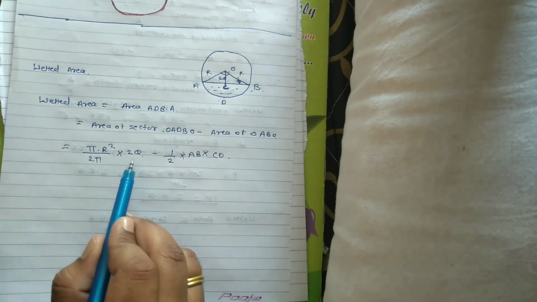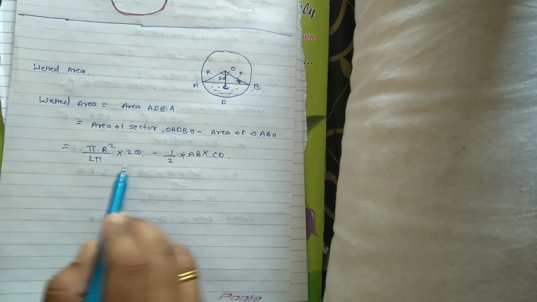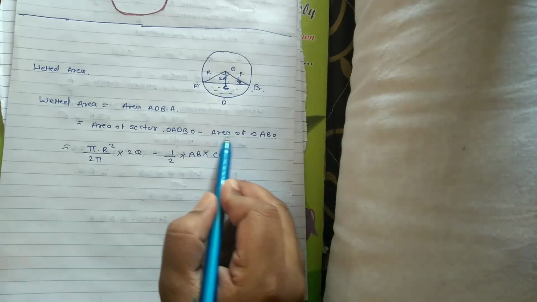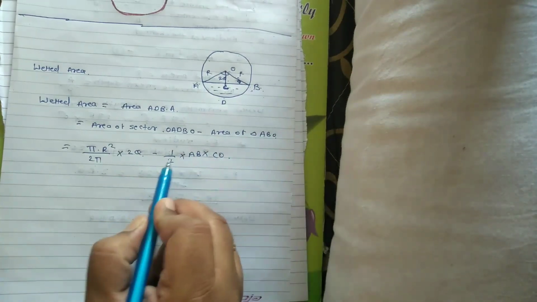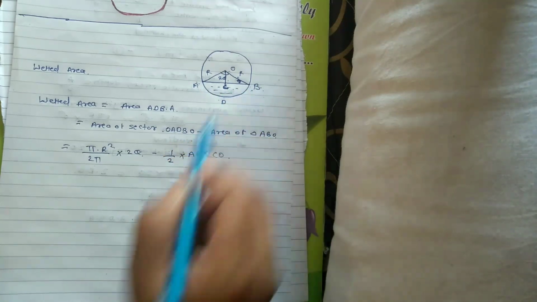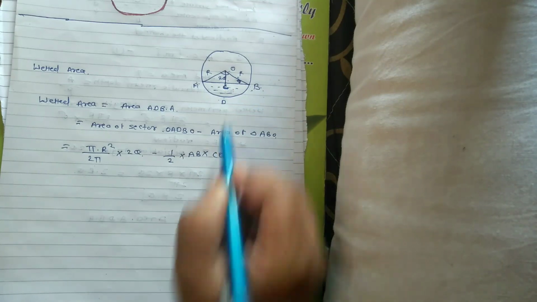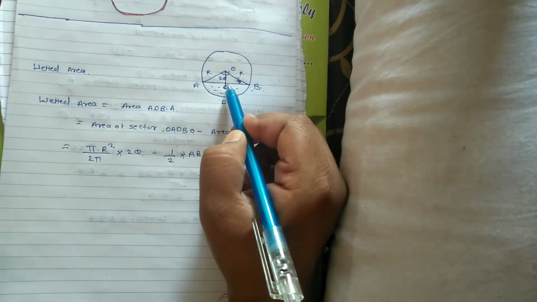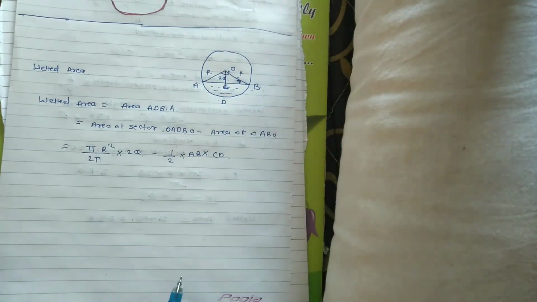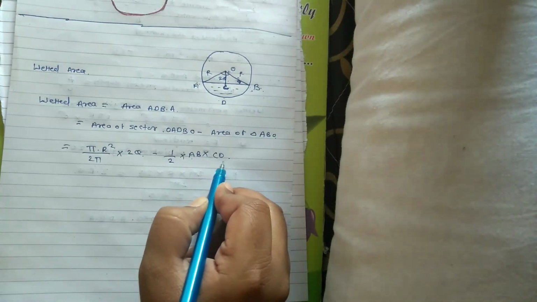So pi r square by 2 pi into 2 theta, minus the area of triangle ABO, which is half into base AB into height. The height is CO. So we have to find AB and CO.